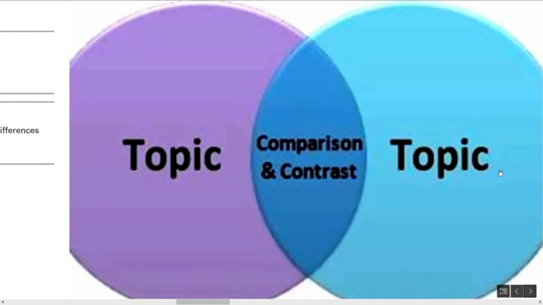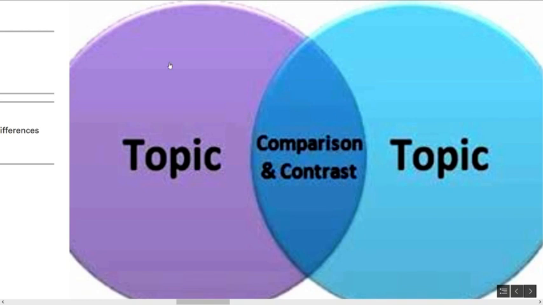When you're writing your comparison and contrast paper, think about it as having 2 separate topics. This would be topic A, topic B, and in the middle, this is a Venn diagram, you've seen it before, is where the comparison and contrast paper writing happens.